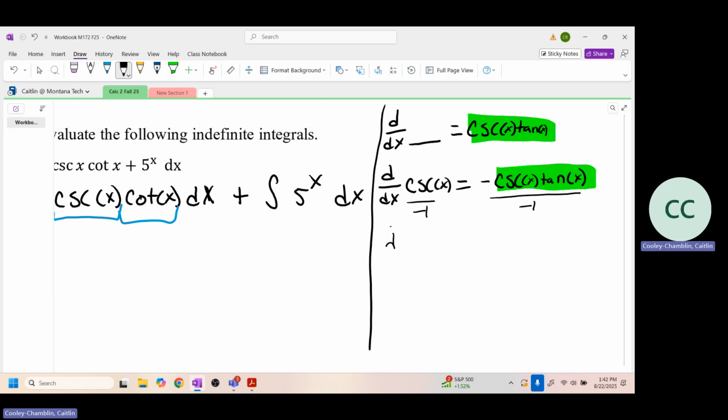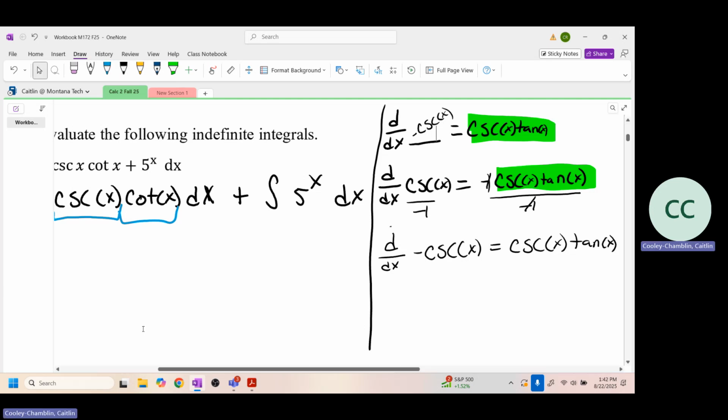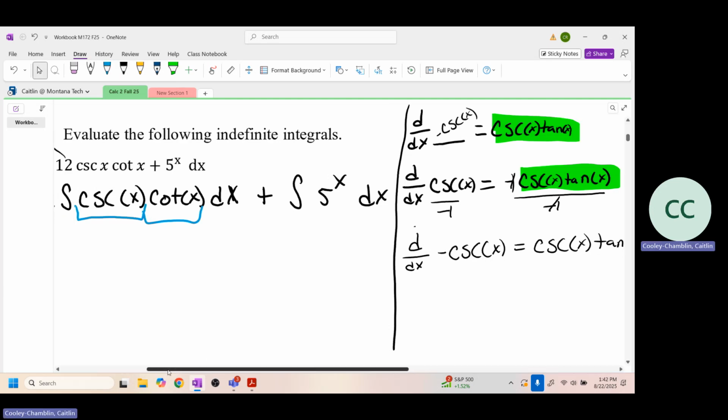So what I get is the derivative with respect to x of negative cosecant of x is positive cosecant of x cotangent of x. Thus this little negative cancels out. Okay, so to answer our question up top, this is negative cosecant of x. Whew, that's a lot of parentheses there.